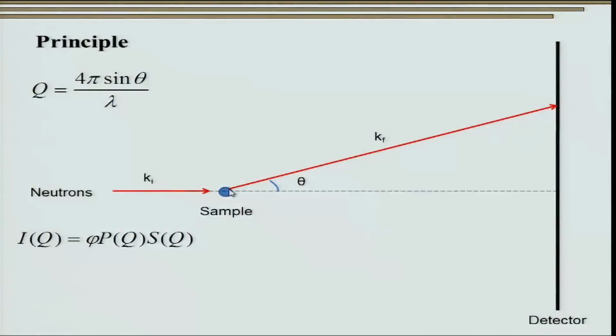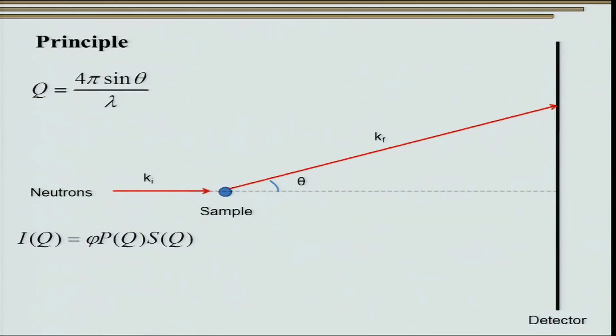So, just to revise and put things in perspective, I hope you remember that we had this sample on which neutrons or electrons are incident, and we see that it scatters the incident beam. If Ki is your incident beam wave vector and Kf is your scattered wave vector, we had defined our scattering vector q as q = 4π sinθ/λ.